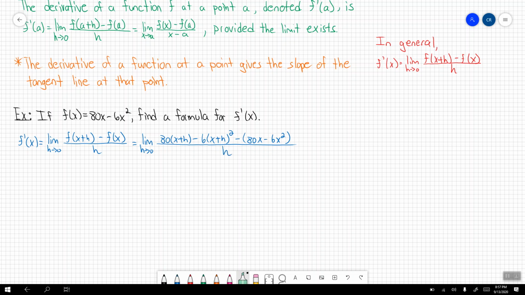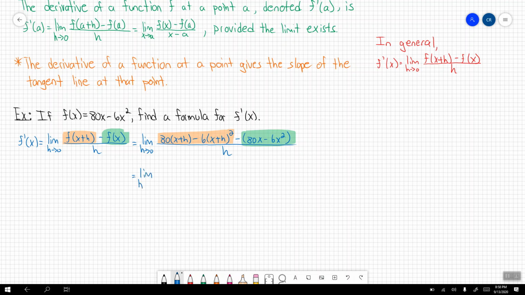And again, we can go through the highlighting piece. The piece that I'm highlighting here is my function f of x, and my first terms belong to the quantity f of x plus h. Now all we have to do is keep expanding this, and that's exactly what we're going to do.